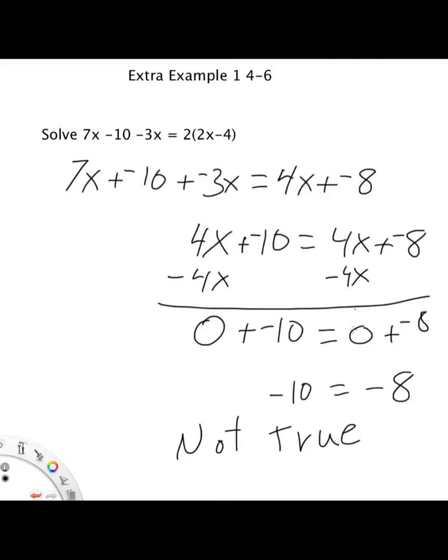Therefore, the original sentence is not true. So we've come to a conclusion that can't possibly be true, and we can reach the conclusion the original sentence was not true.